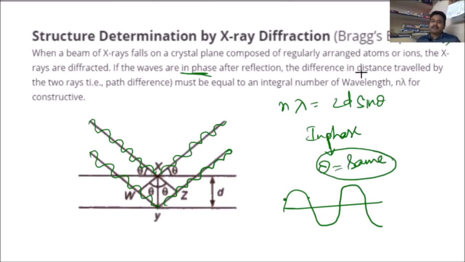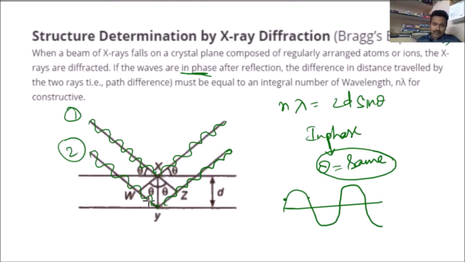The difference in the distance traveled by the two rays is the path difference. See, the difference means between the first wave and the second wave. They are falling on the planes, the first plane and the second plane.